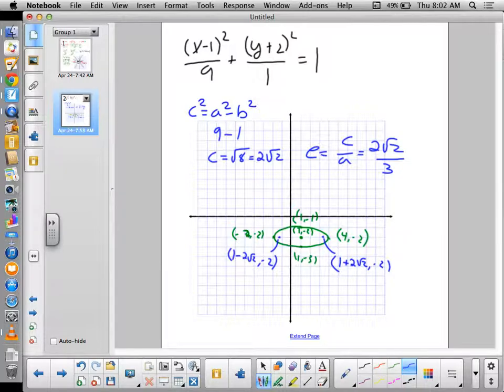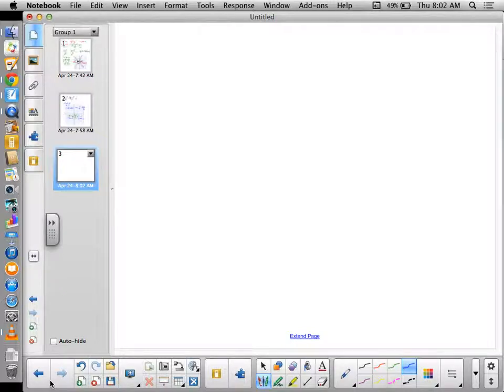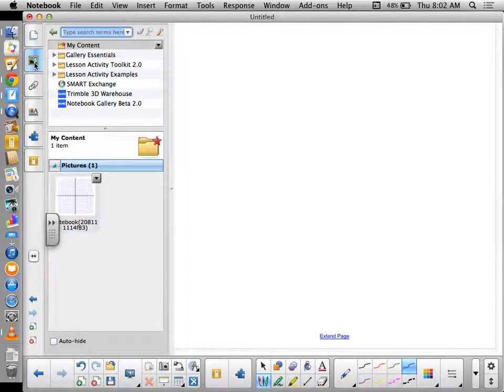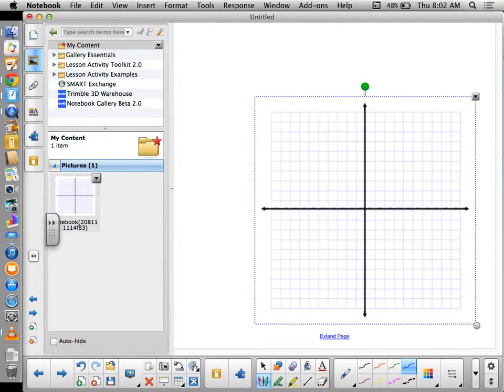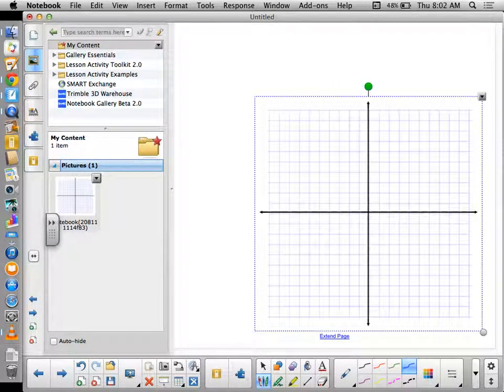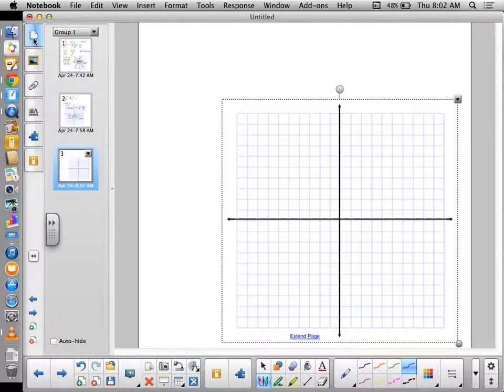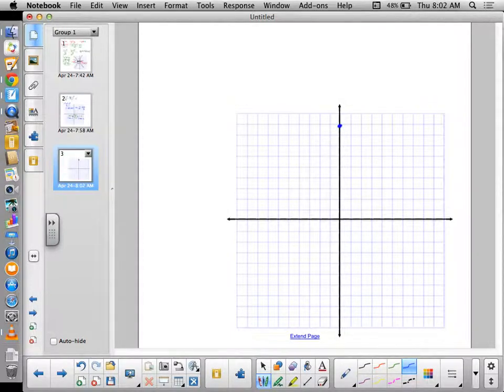Number 3, write the equation of the hyperbola with eccentricity and the given foci. Boys, start with a picture. It comes to something like this. So we're given the foci are at (0, 9) and (0, -1). Those are the foci, which means the center must be smack dab in the middle of those.